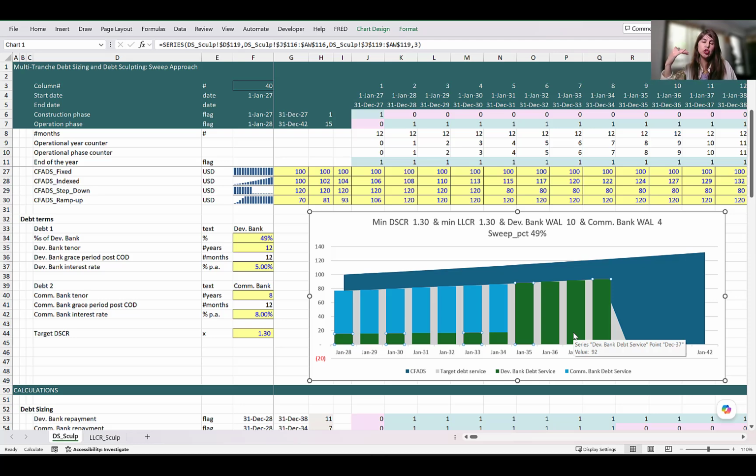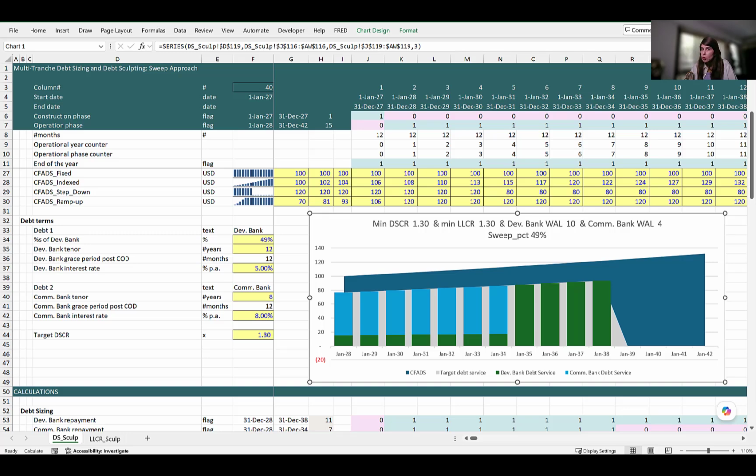So the commercial bank has already been fully repaid and we are left only with the Development Bank tranche. So these 2 phases are important to remember, and of course we need to create a flag for both of these phases. So the main question and the main complexity is during the overlap, right?